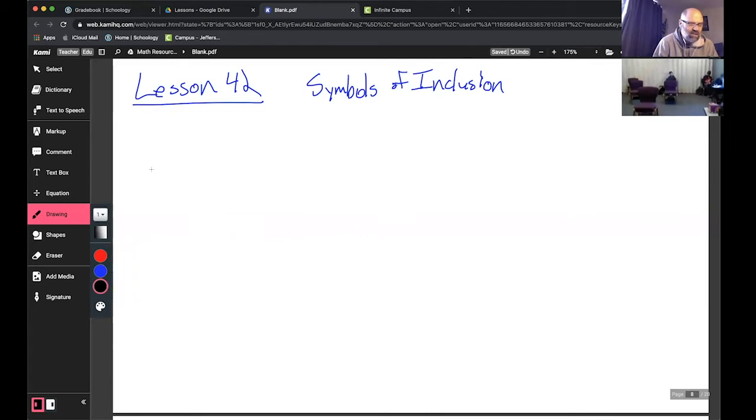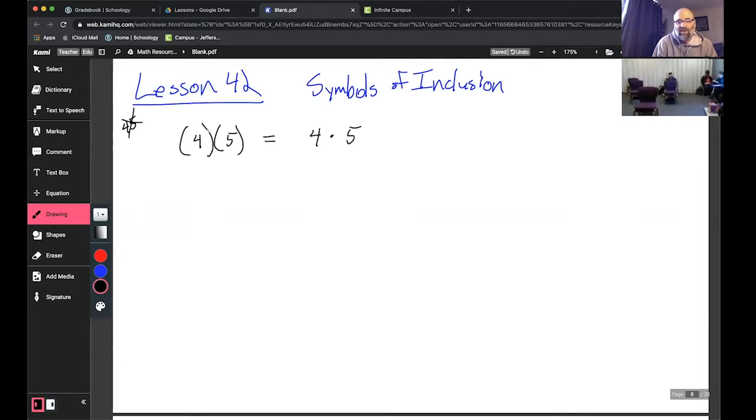Symbols of inclusion are nice because you basically do what's in parentheses first, but you can also use them to do multiplication problems. This is just 4 times 5. When you have two numbers next to each other without parentheses, that just means 45.